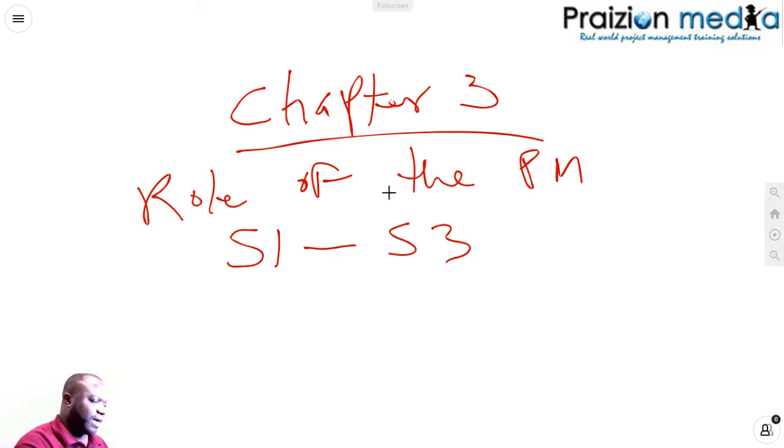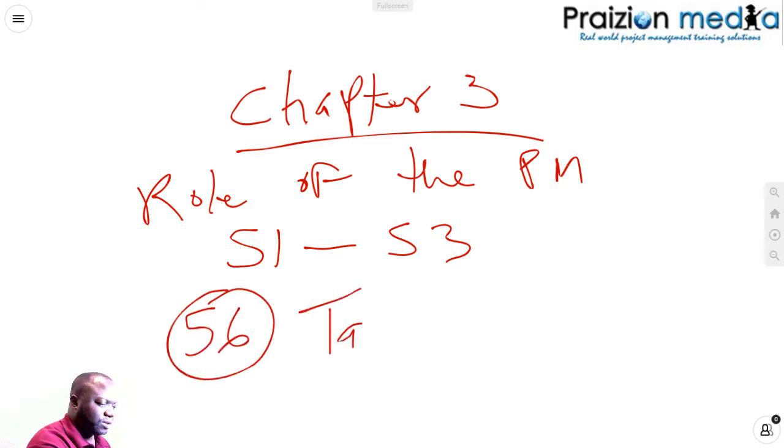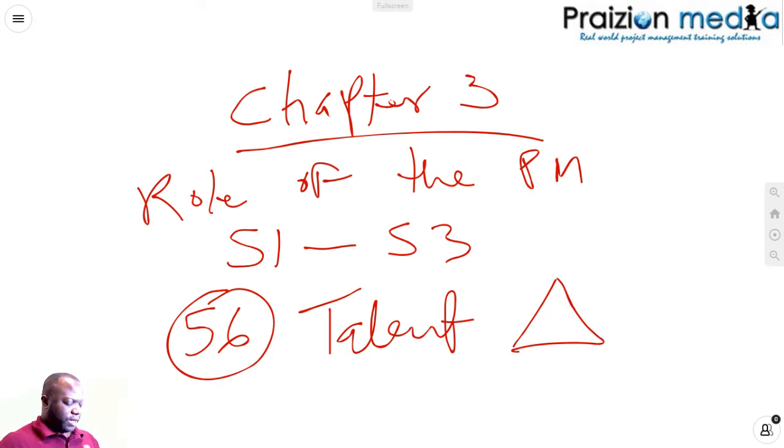So talking about the talent triangle, page 56 talks about the talent triangle. And you got technical project management, leadership, and strategic and business management. Very important. So page 56, 57, 58, it gives you a clear idea of what exactly these skills are. Technical project management skills, what's that? Strategic and business management skills, what's that?